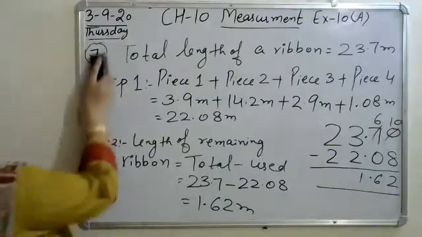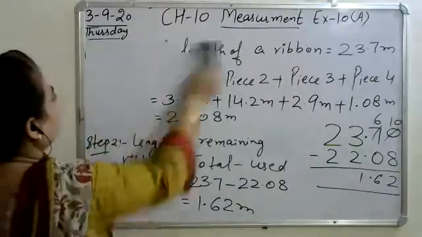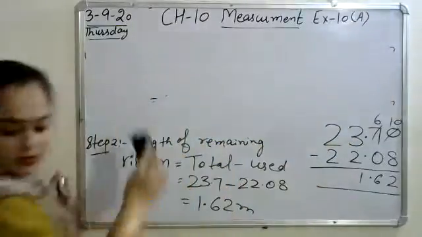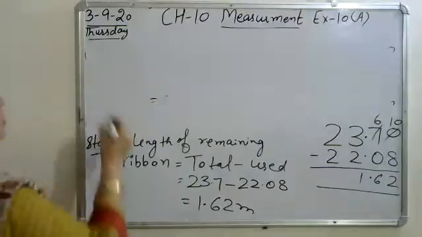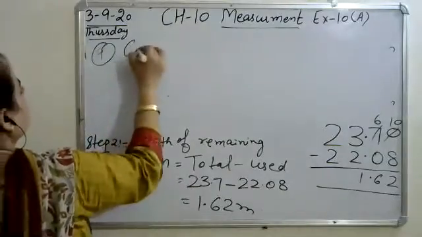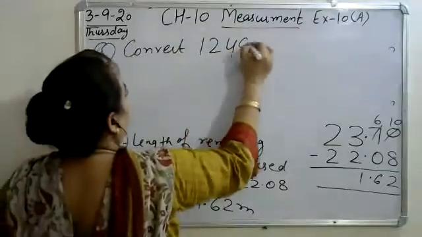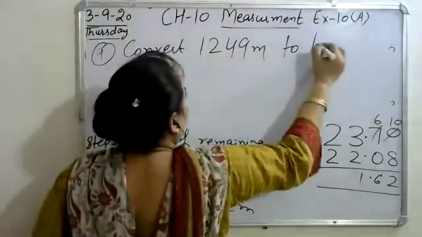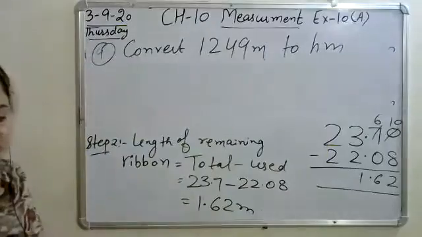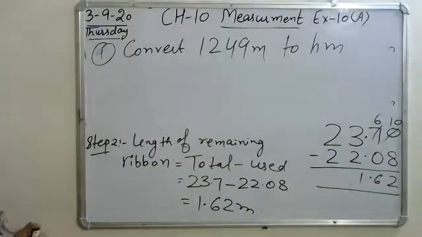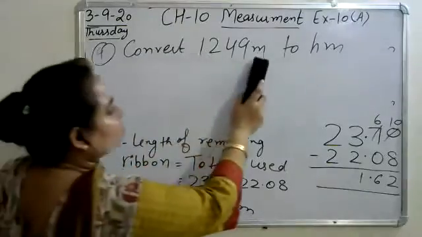Yes, ma'am. Now, Lavanya, tell me how can we solve this sum? The next sum is 9. Convert 1249 meter to hectometer. Tell me, Lavanya, how can we solve this sum? What is the first step to solve this sum?